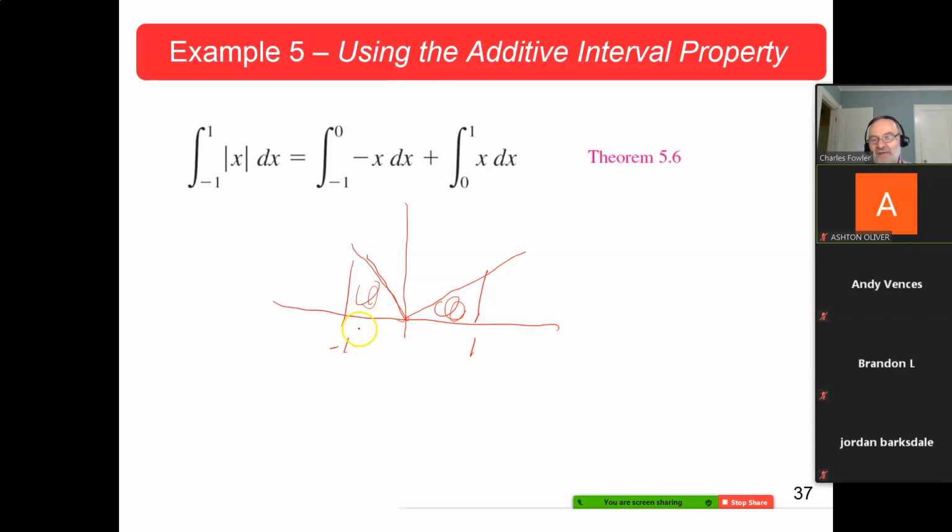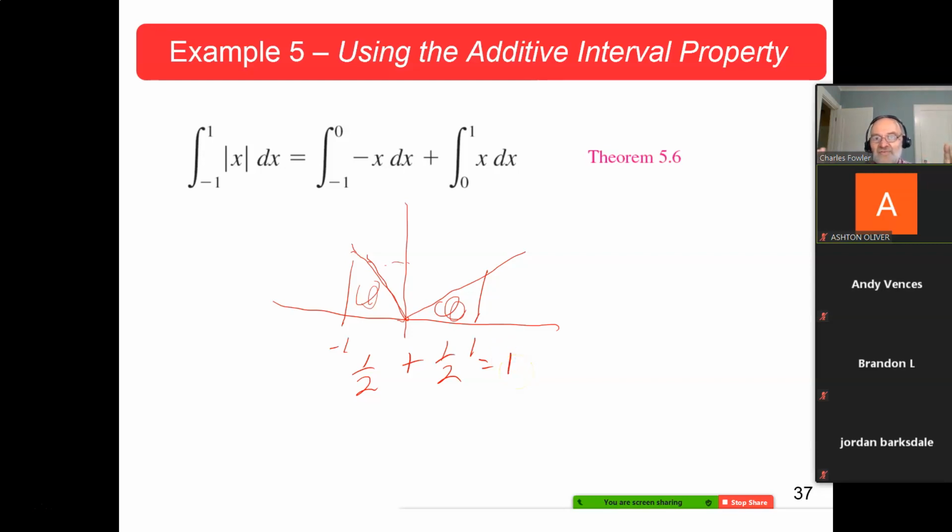So you could split that into the area from -1 to 0 plus the area from 0 to 1. This is a triangle of area 1/2, because if you did the whole thing here, 1 by 1 would be 1. That's half of that, so 1/2 the base times the height. 1/2 of 1 times 1 is 1/2, plus 1/2, and that equals 1.